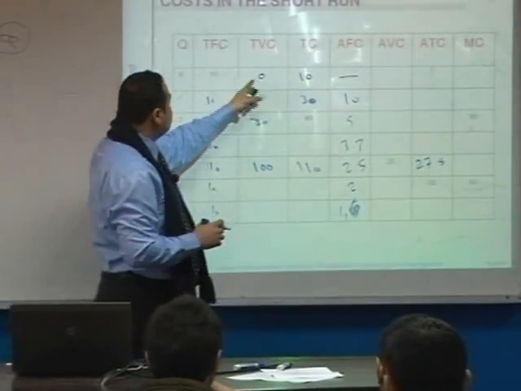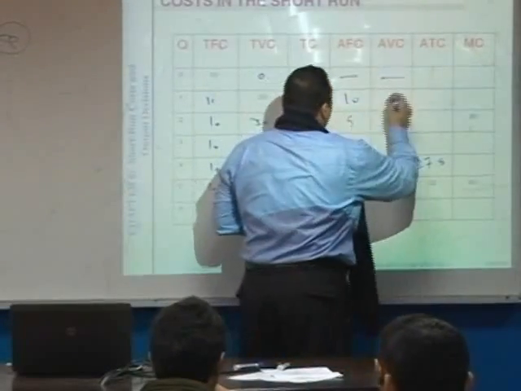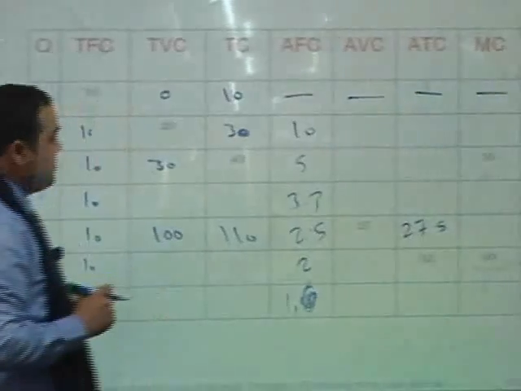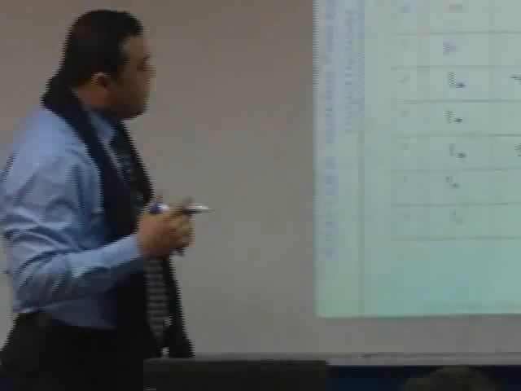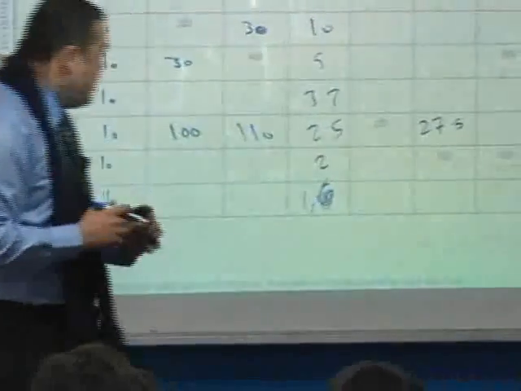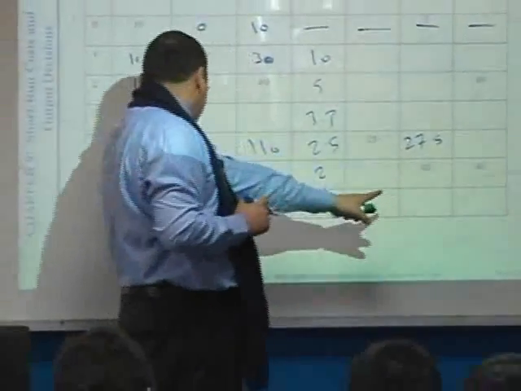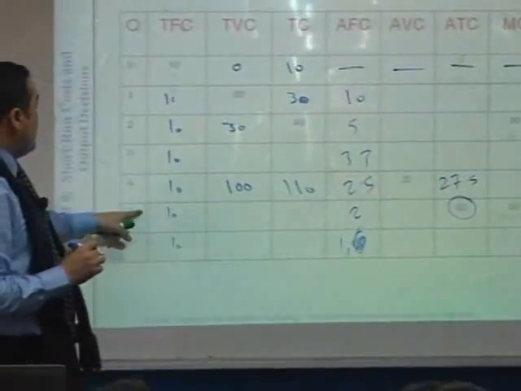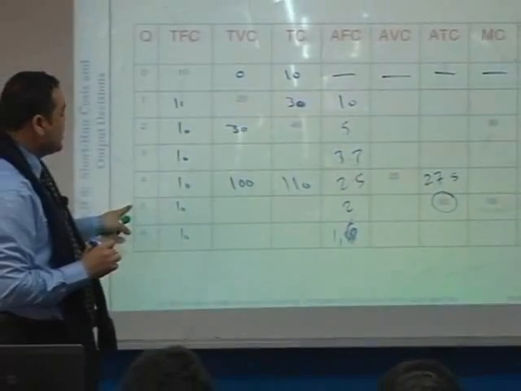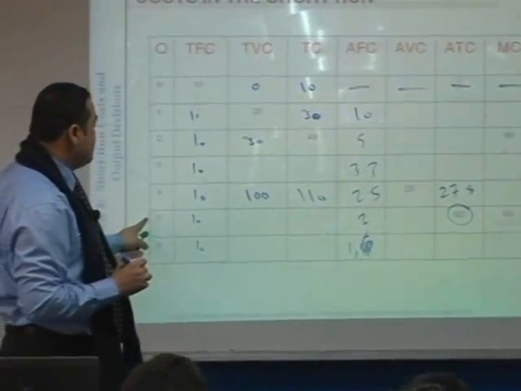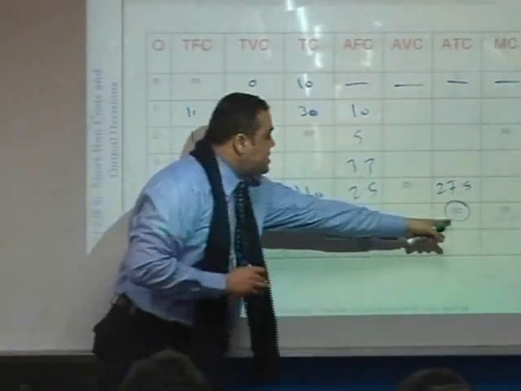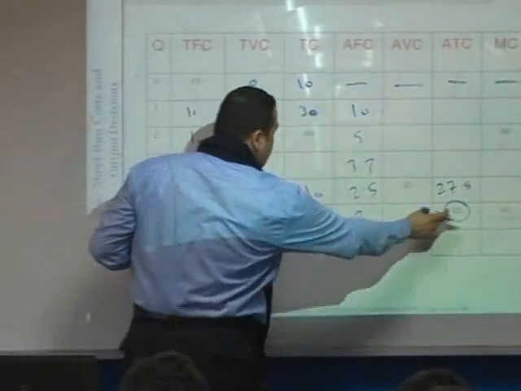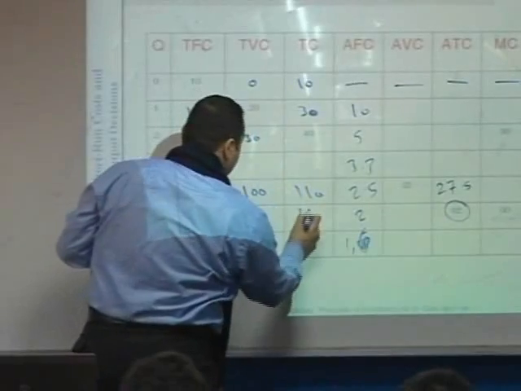AVC equals TVC over Q. And the same for marginal cost. In this case, we benefit. At this point, ATC equals 32 and the Q equals 5. How much is the total cost? ATC times the Q. How much? 160, which is the total cost.